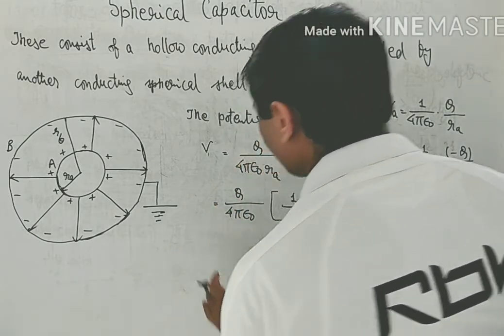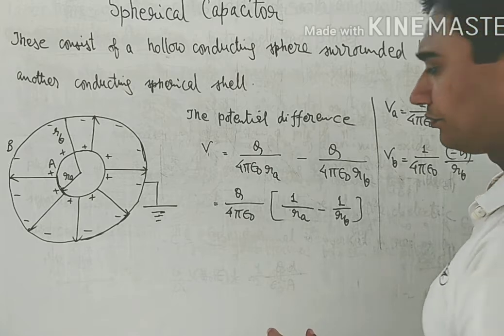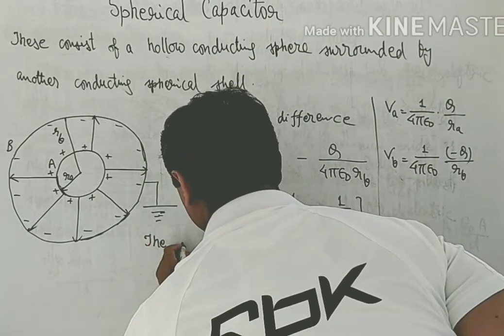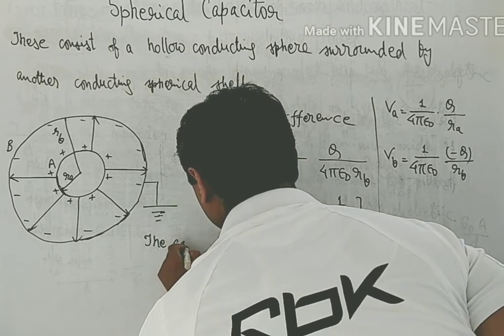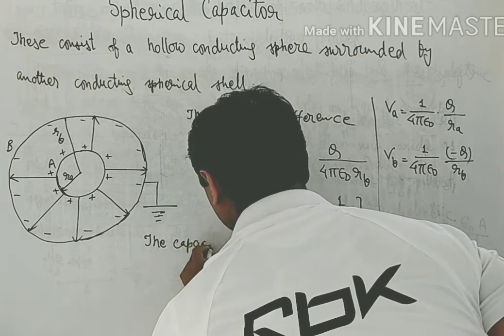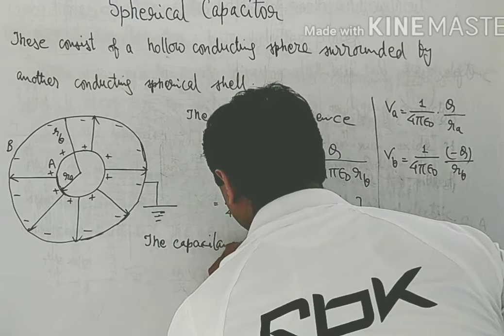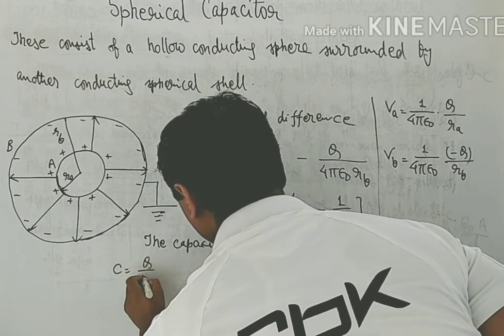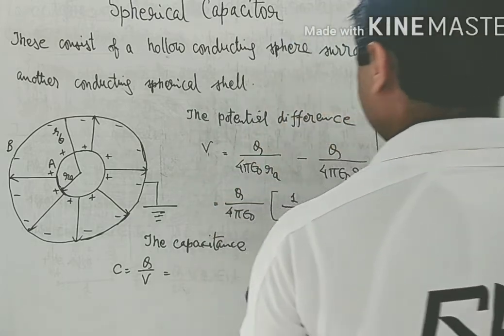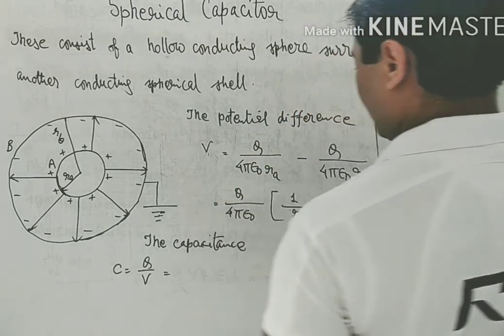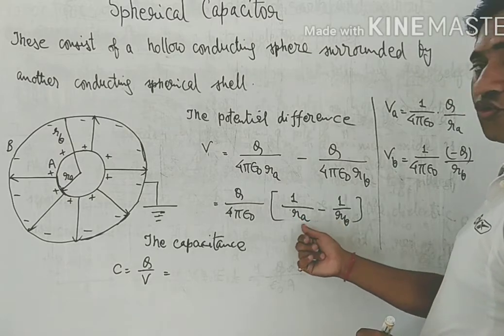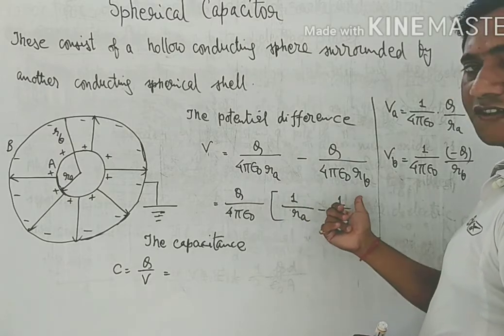So now we can talk of capacitance. Capacitance C equals Q by V, and that is equal to, if we take the LCM, RA into RB over RB minus RA.